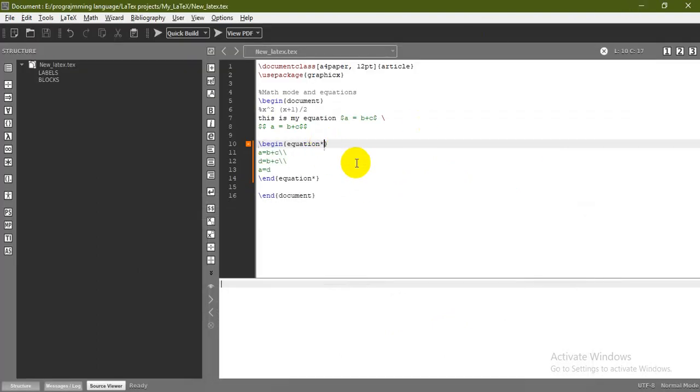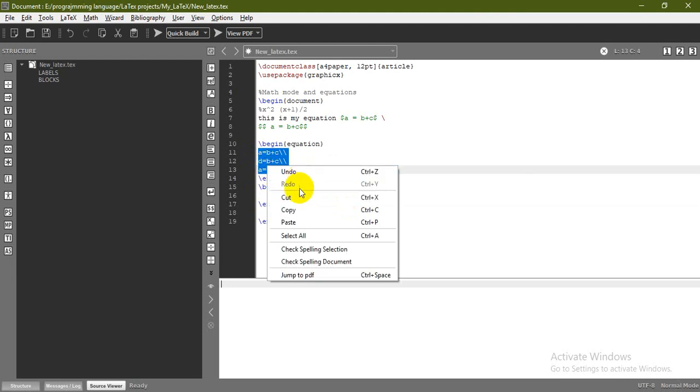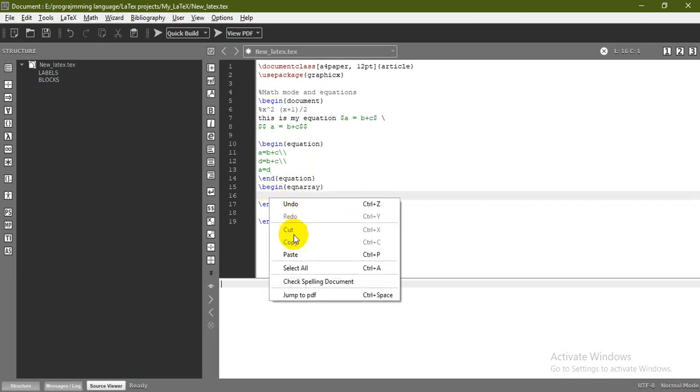So now let's use the other format, eqnarray. So we have here begin, we have eqnarray as such. Now we begin eqnarray, we have to copy this and paste it here.